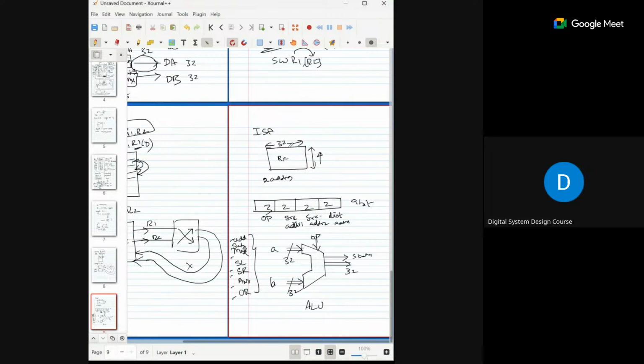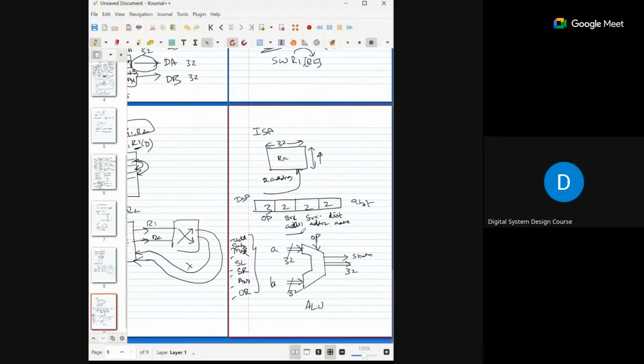Now from this ISA, could you please describe this register file, whether it is single port or dual port, and read or write? Dual port read and single write. How do you describe it? We have defined source addresses for 2 registers.